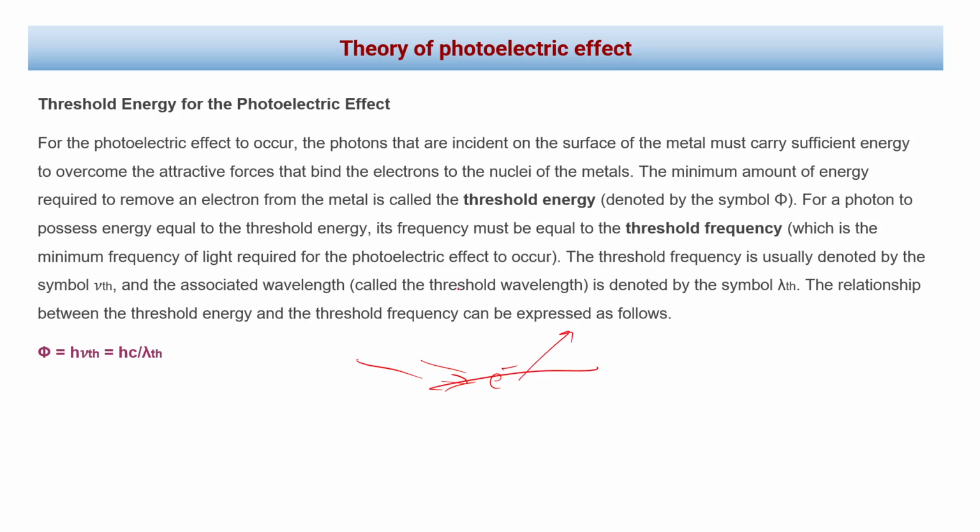We had discussed in detail how these electrons and photons interact, so that with increasing intensity, more photons are coming, and they are interacting with more electrons, and thus we get more photoelectrons.